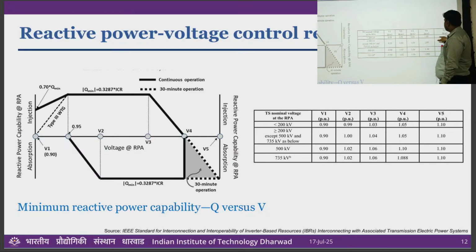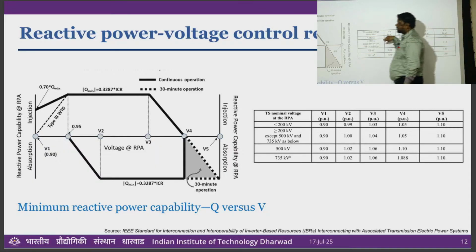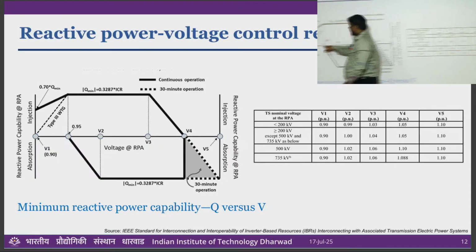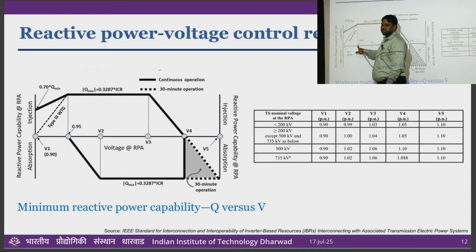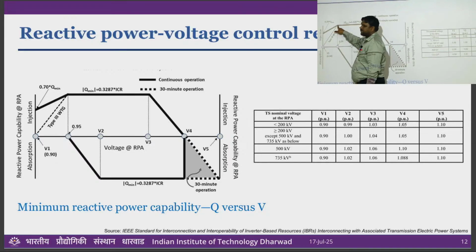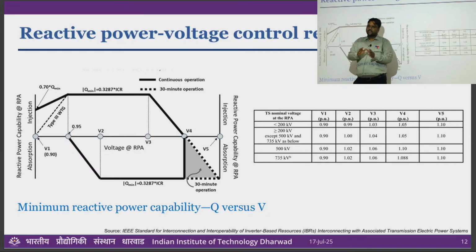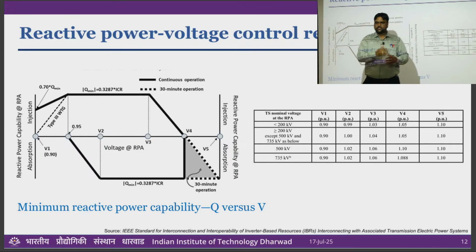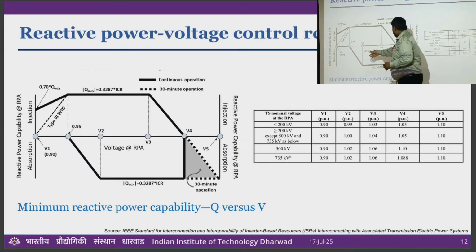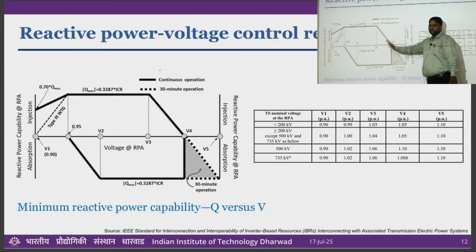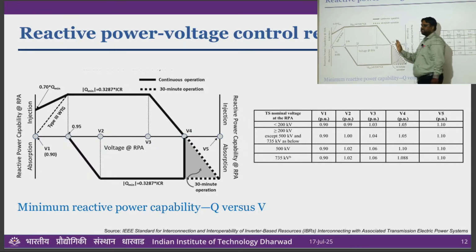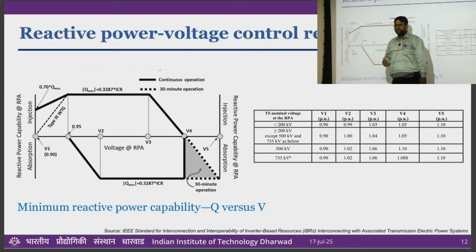They have mentioned all the coordinates of the x-axis. That means if you are running at 0.95, your RPA voltage is 0.95, you maintain that much reactive power. But let's say the point you are operating at is somewhere between 0.9 and 0.95, because 0.9 to 0.95 is itself steady state, right? So from 0.9 to this point is steady state operation, but it doesn't mean you always operate at 1 per unit.